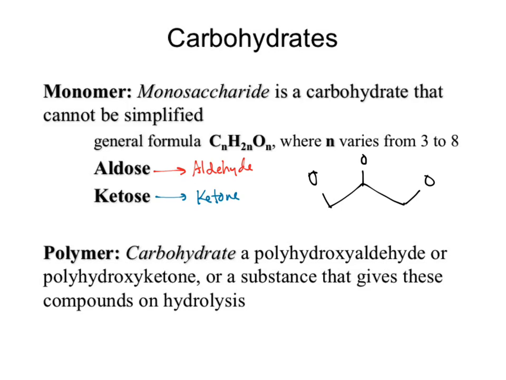Where does our pi bond to an oxygen happen? Which one of those? The end. Which end? Doesn't matter. Doesn't matter which end we pick. Okay? So our aldehyde is now there. So we now have an example of an aldose if we then backfilled with hydrogens. What if we wanted the ketose? It has to go off of the middle, and we backfill with our hydrogens. We now have a ketose.